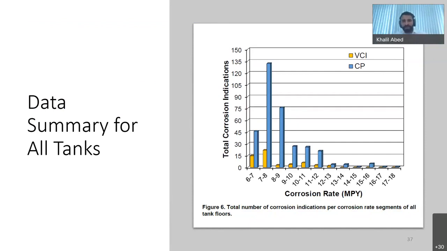The blue data is for the CP protected tanks, and the yellow data is for the vapor phase corrosion inhibitor protected tanks. You can see that the vapor phase corrosion inhibitors have shown very good long-term performance compared to the cathodic protection.